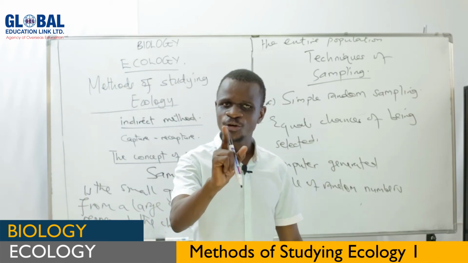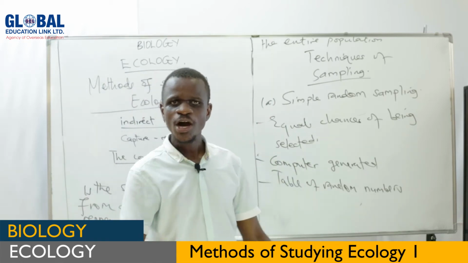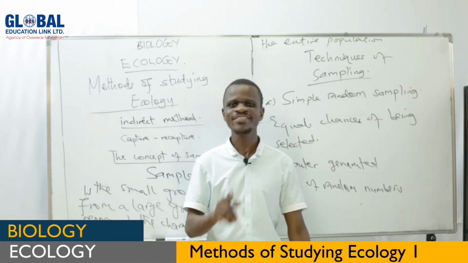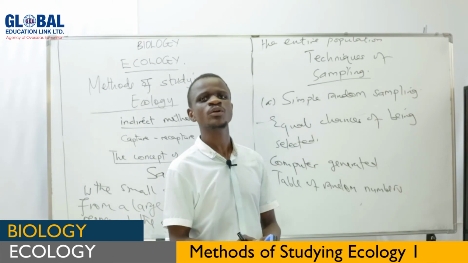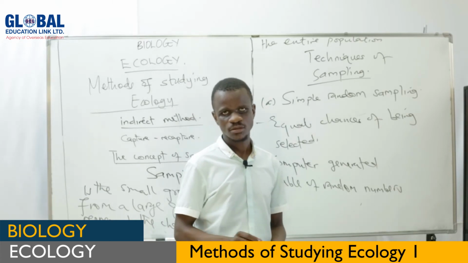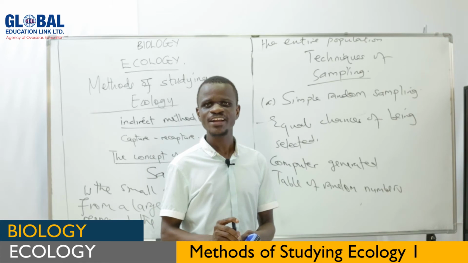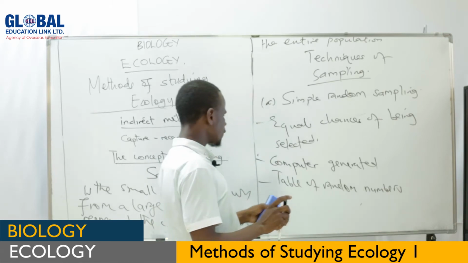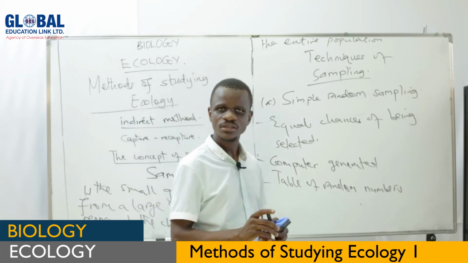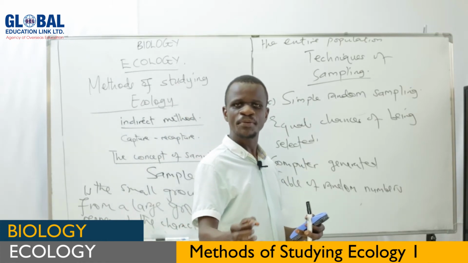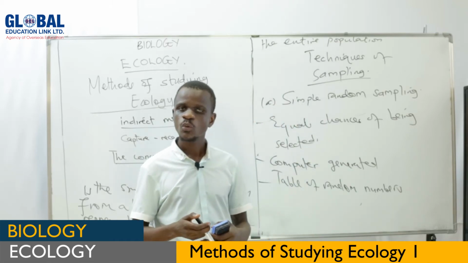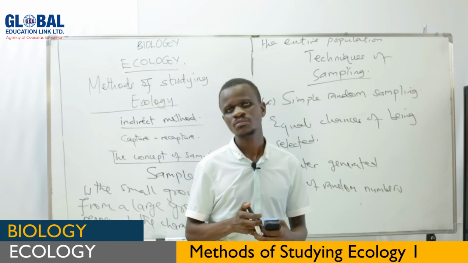Therefore here, as an ecological investigator, you have no room of having a certain interest to a particular member. All individuals have an equal chance of being included in your sample. For example, if you use a table of random numbers, a number will be picked randomly without you knowing. Hope you are following, my student.